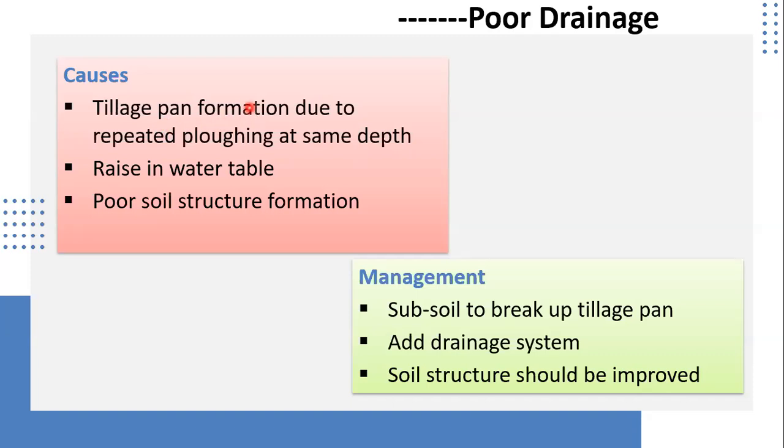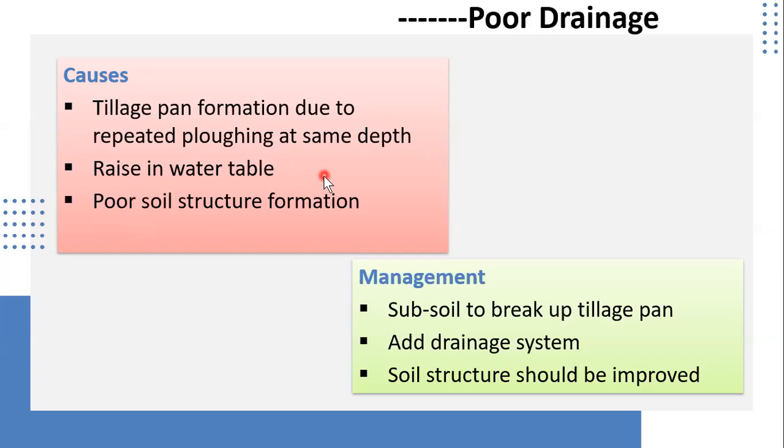That will reduce the movement of water down. Then sometimes the groundwater table is very shallow, and if you are applying a lot of water, it will be raised. That will cause waterlogged conditions, or poor drainage, of course.